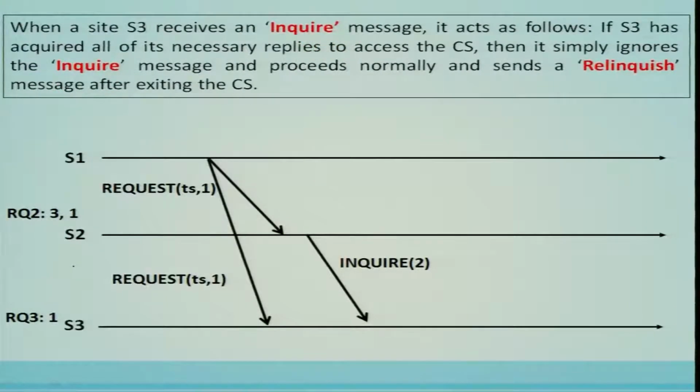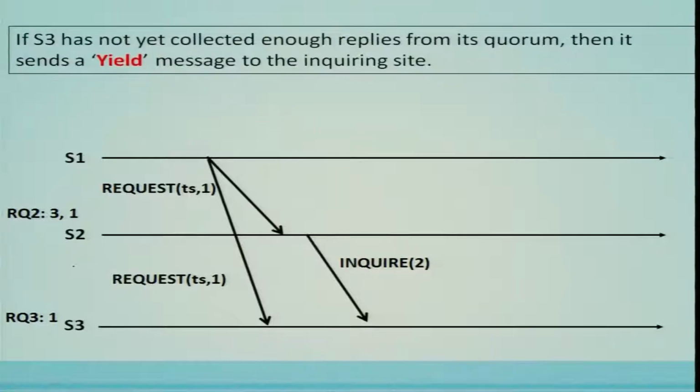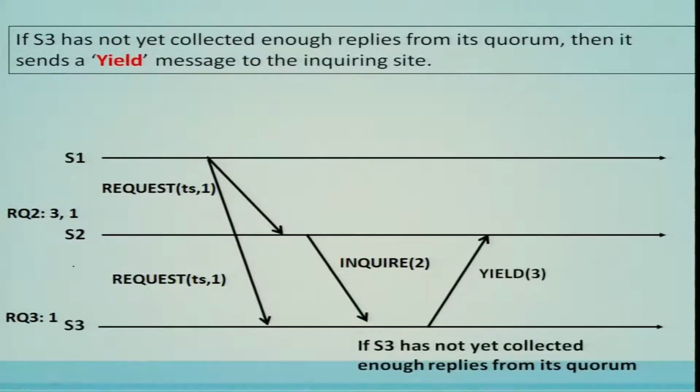Now, when site S3 receives the inquire message, it acts as follows. If S3 has acquired all of its necessary replies to access the critical section, then it simply ignores the inquire message, proceeds normally, and sends a relinquish message after it exits the critical section. If S3 has not yet collected enough replies from its quorum, then it sends a yield message to the inquiring site.